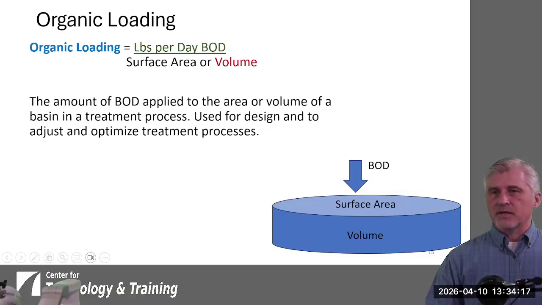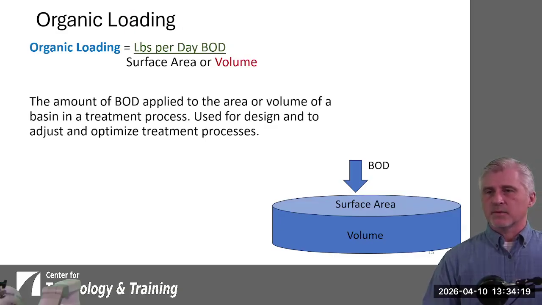It's the amount of BOD applied to the area or volume of a basin in a treatment process. It's used to design the treatment system, and it's also used to optimize the processes that we have. So we want to make sure that it's designed properly, and we also want to make sure that it's working right.